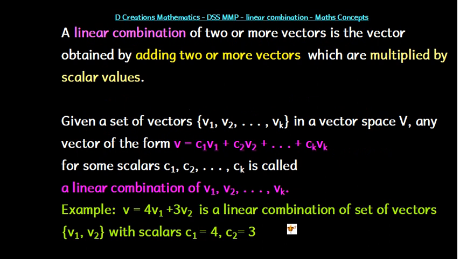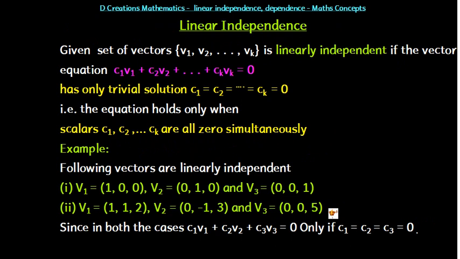We had learnt about linear combination. So here you can see the generic form of the vector equation when we look at linear combination. Then we had looked at the concept of linear independence, and we know that a given set of vectors v1 to vk will be called linearly independent if the equation c1v1 + c2v2 + ... + ckvk = 0 has only a trivial solution.